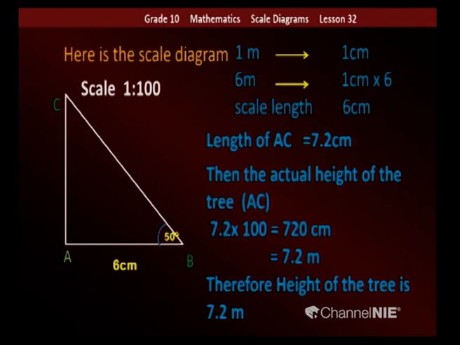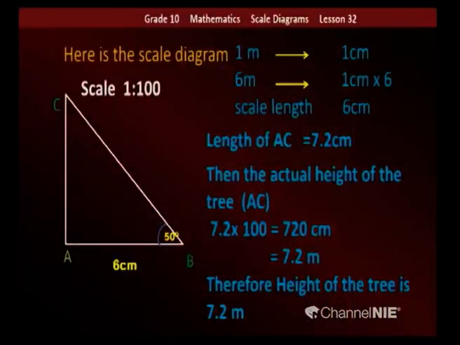Now I explain to you how to draw the scale diagram. First, I have to draw the line AB there, that is 6 centimeters. See there, AB is 6 centimeters. After that, I have to measure the angle of elevation. I have to measure the 50 degrees.